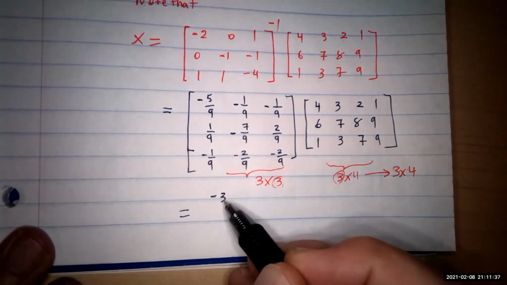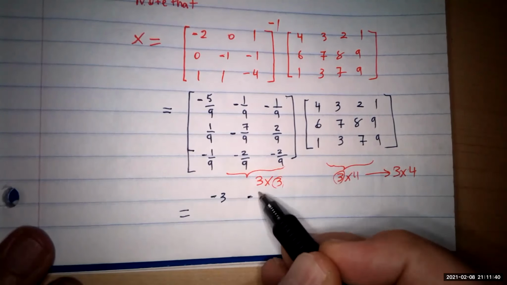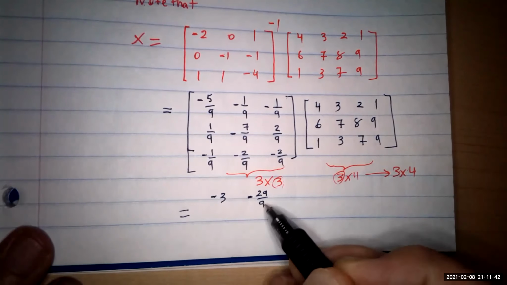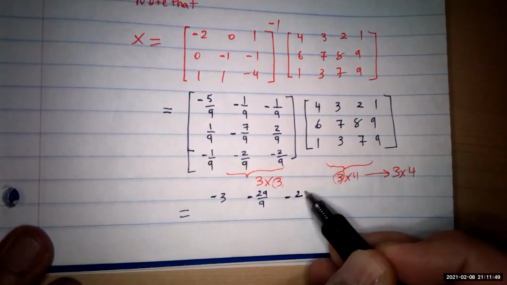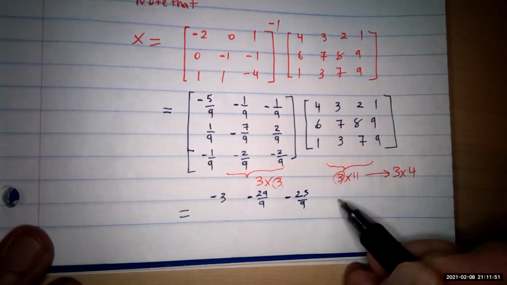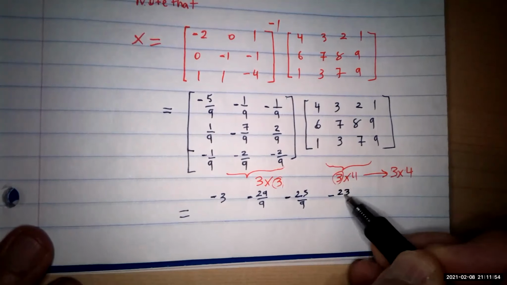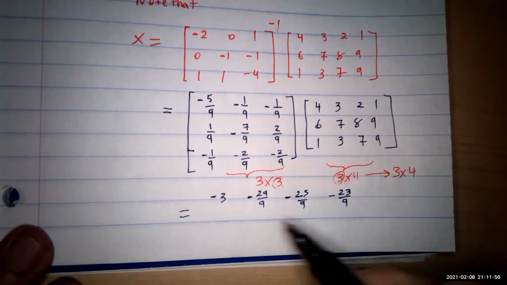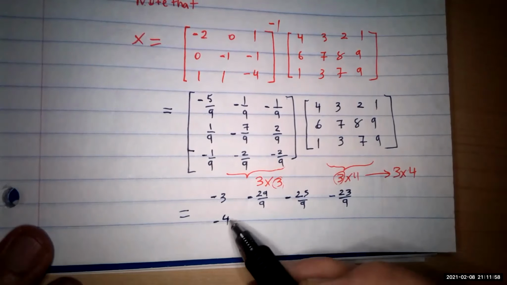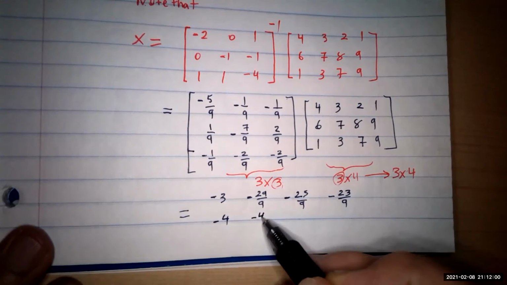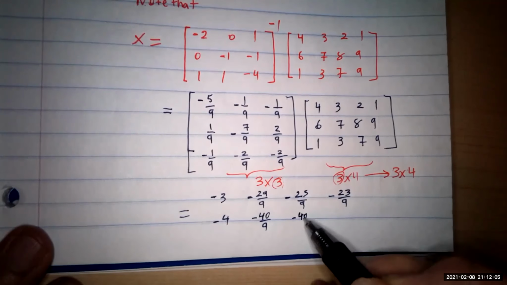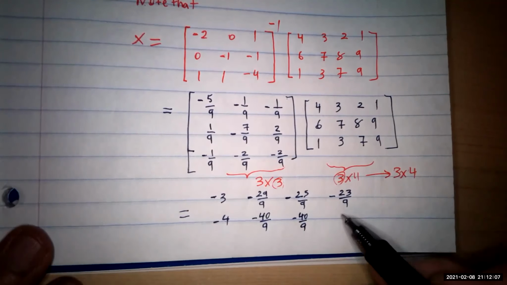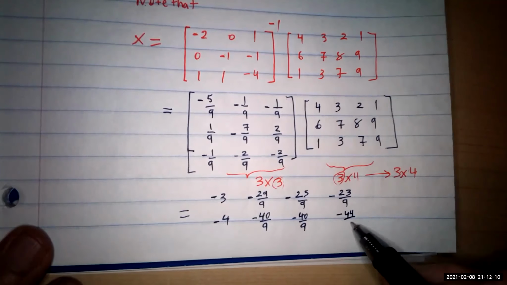The first row is going to be negative 3, negative 25/9, negative 25/9, and negative 23/9. The second row is going to be negative 4, negative 40/9, negative 40/9, and negative 44/9.